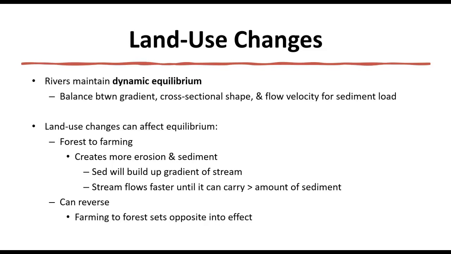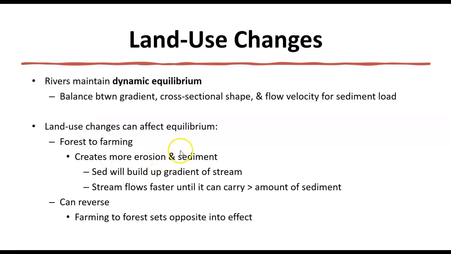Where naturally, some of that water would sink into the ground and not make it to my stream. Less water in my stream, less chance for flooding. But if I've modified that area, I can push more water to the river and less in the ground, and then I have some issues with that. And so that's kind of an urban effect.